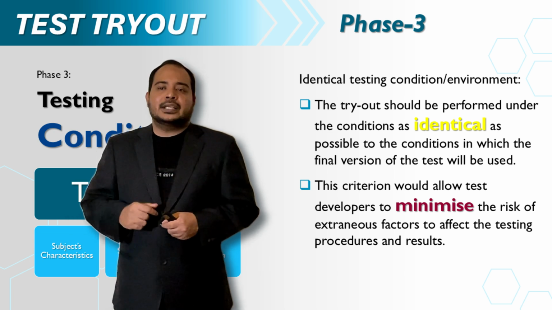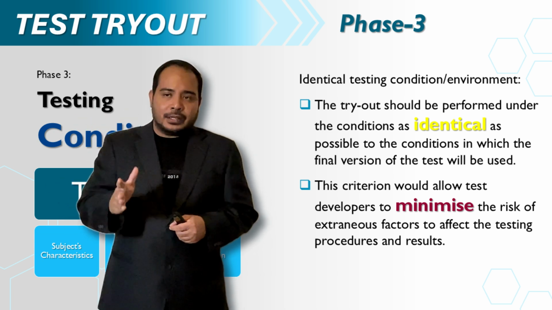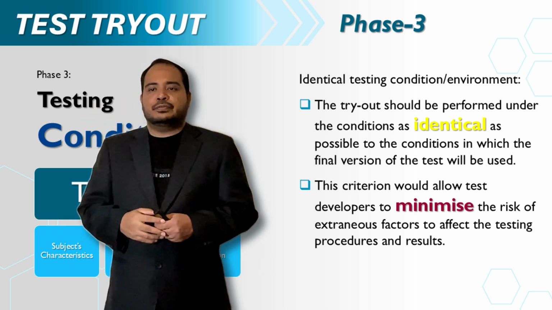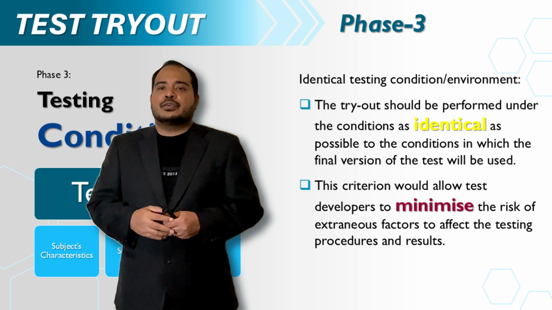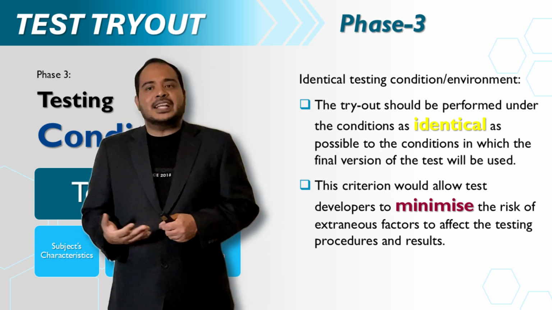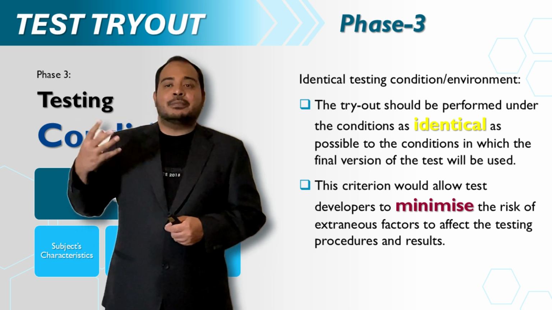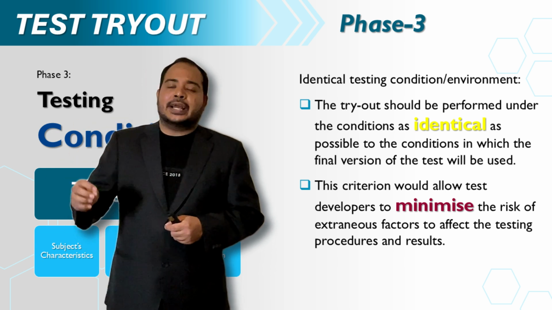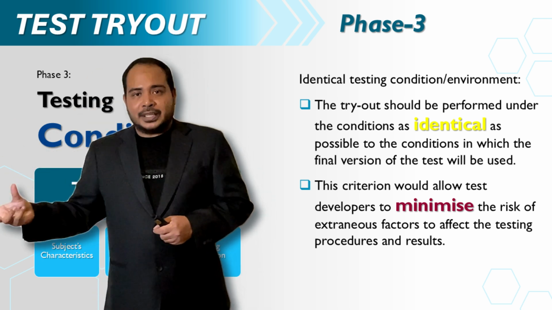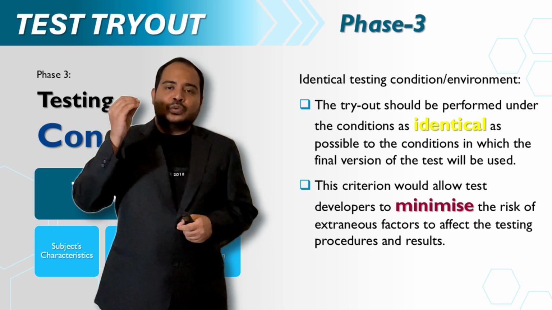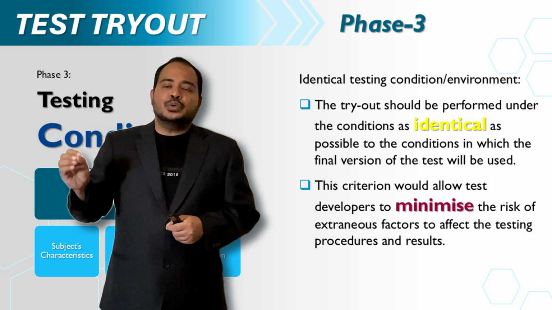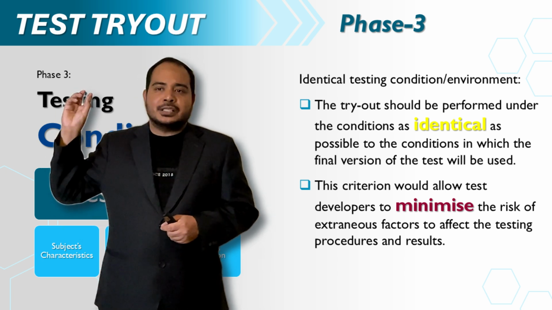This criterion allows test developers to minimize the risk of extraneous factors affecting the testing procedures and results. For example, exam stress. If you develop a test for exam stress and you know that this stress will peak during examination periods, then if you want to run the tryout, you should also collect data during the examination period.